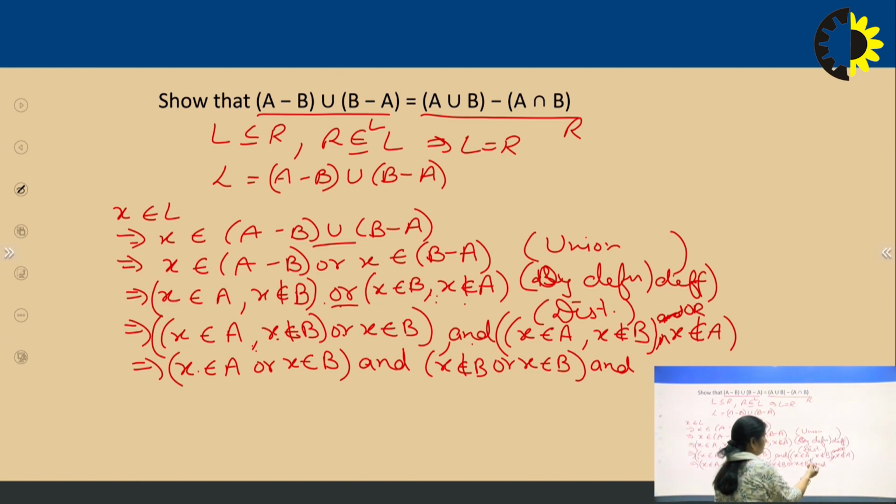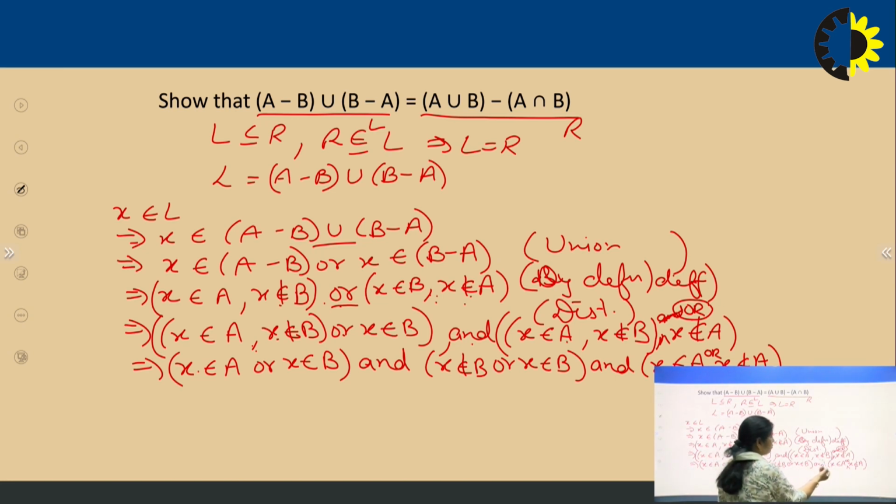X belongs to A, X doesn't belong to A. What we are distributing? OR. Let us repeat it. What we have distributed OR over this. So X belongs to A, X doesn't belong to B, or X doesn't belong to A. This is our OR, right? This OR we are distributing here.